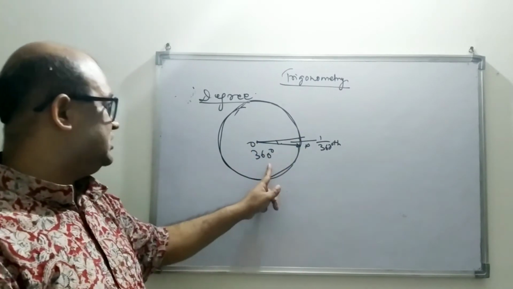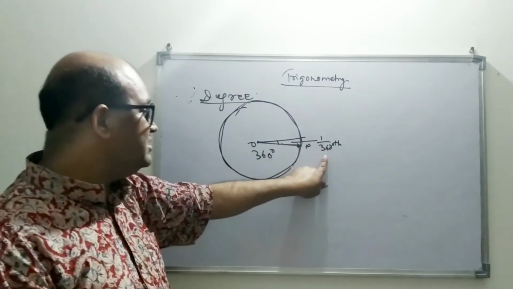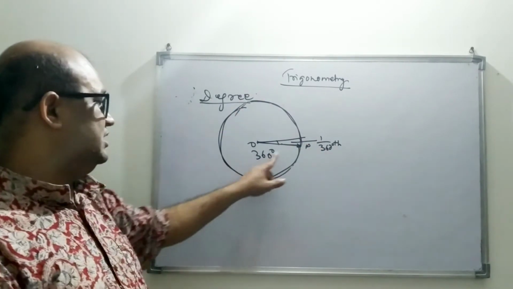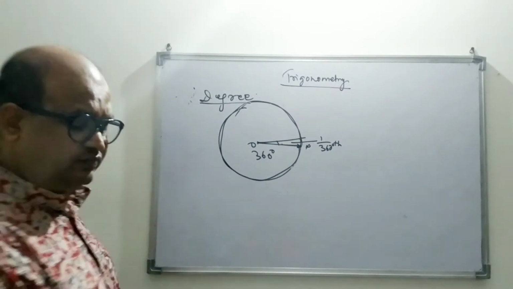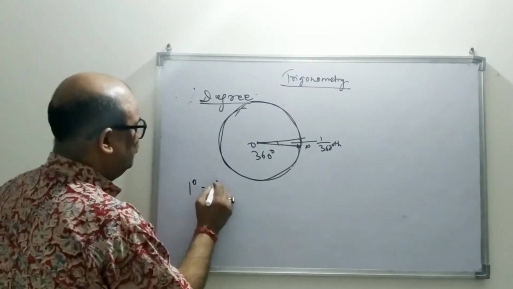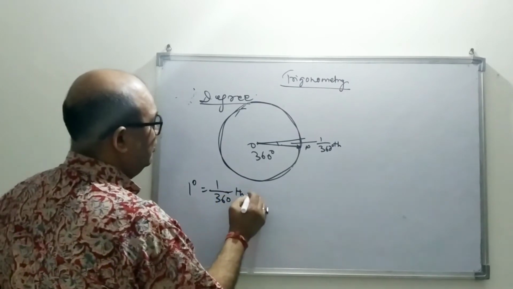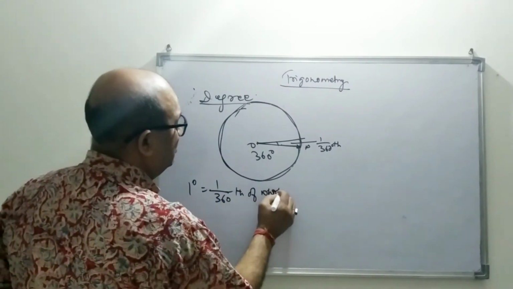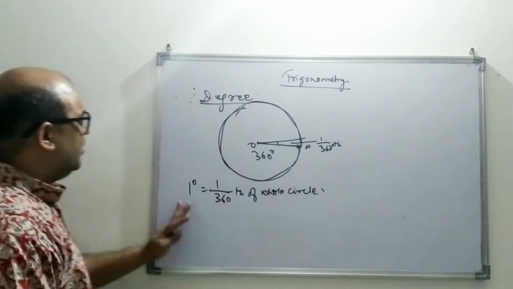The amount of rotation of the terminal ray from its initial position by 1 by 360 of its full measure is called 1 degree. 1 degree is equal to 1 by 360 of the whole circle, suppose.